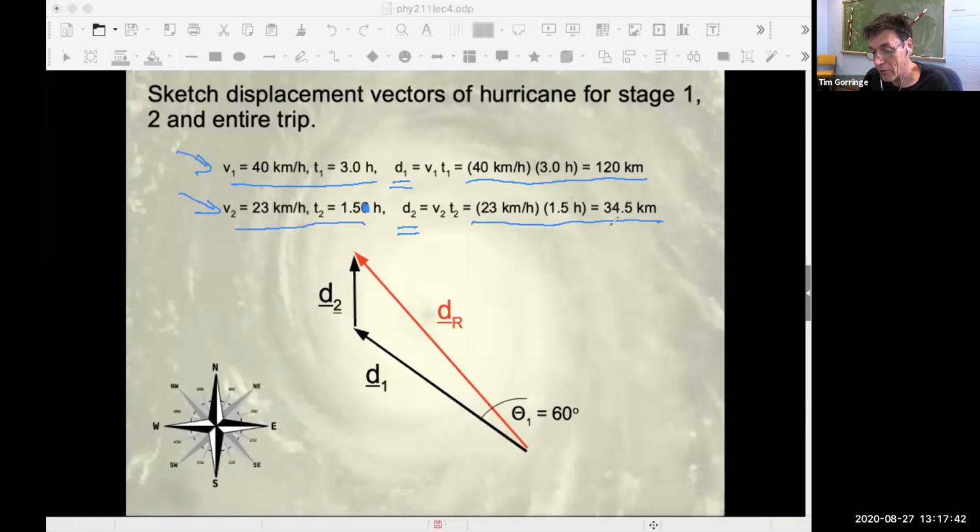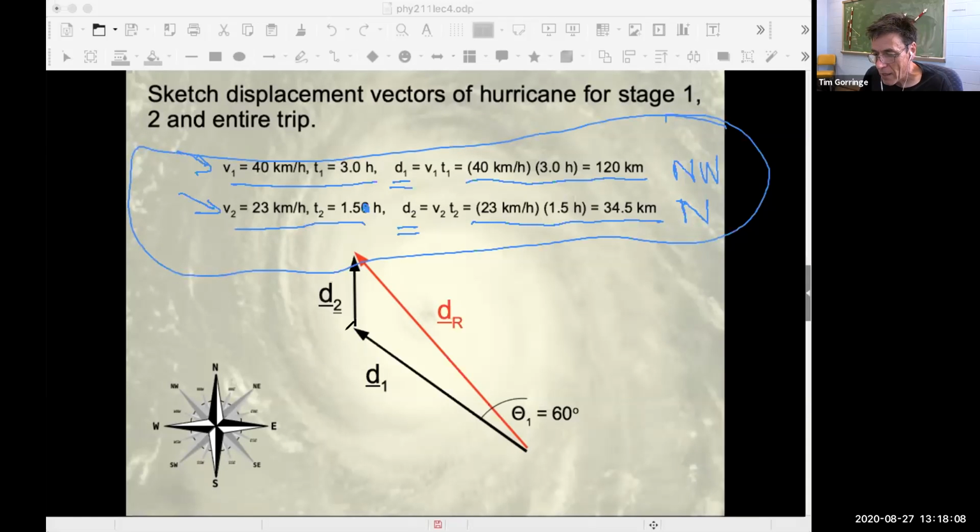I was told their directions in the question. And I think the direction of this one was northwest. That's the first displacement. And then the second one was due north. That's the second displacement. And so then I went over here with this information that really I was given in the problem.